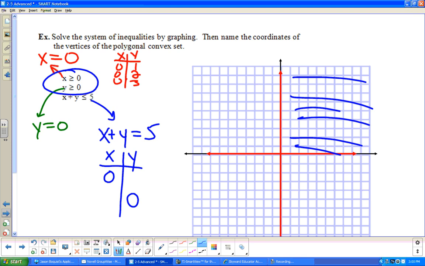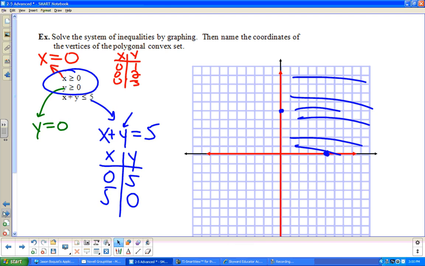So if x equals 0, then what would y have to equal in this one? 5, right? And if y equals 0, what would x have to be? If y is 0, x would have to be 5 to make it true. And so we know we got 0, 5 and 5, 0. Just like that.